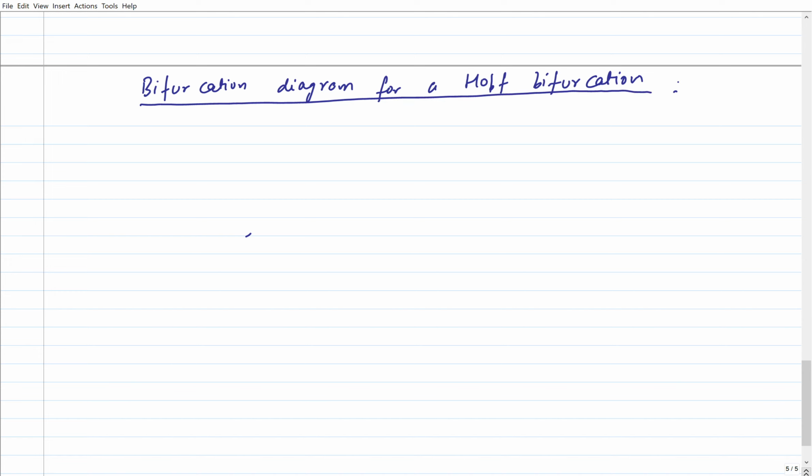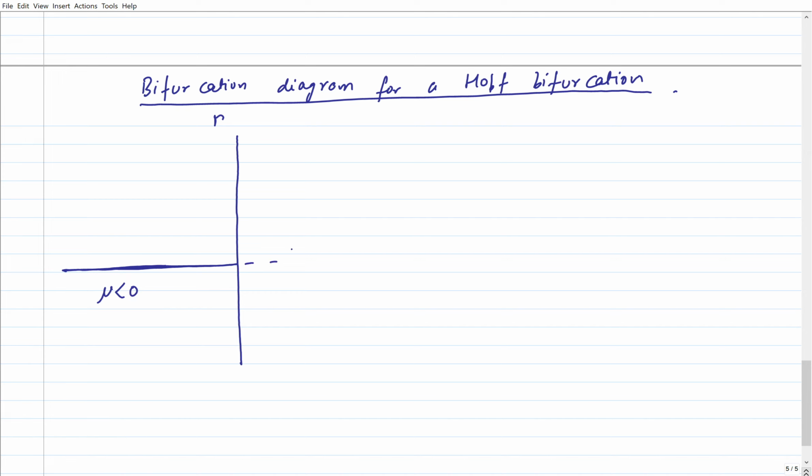So how does the bifurcation diagram look like? I have r, I have mu less than 0.